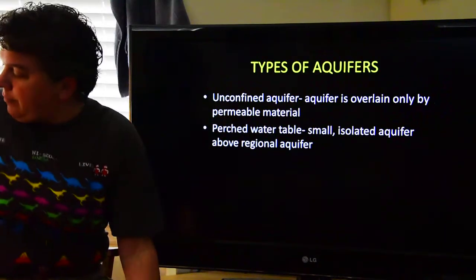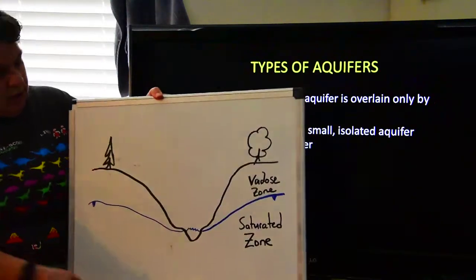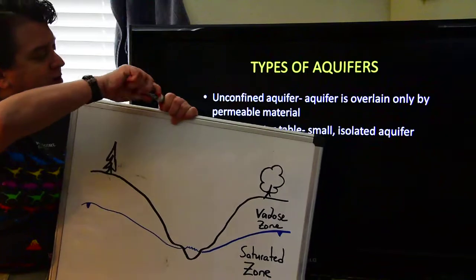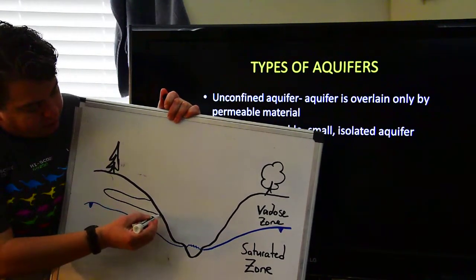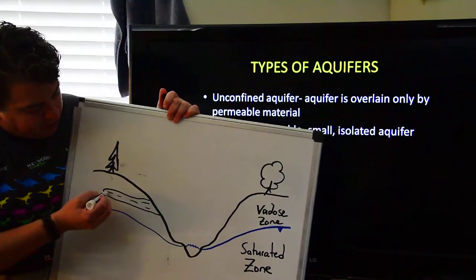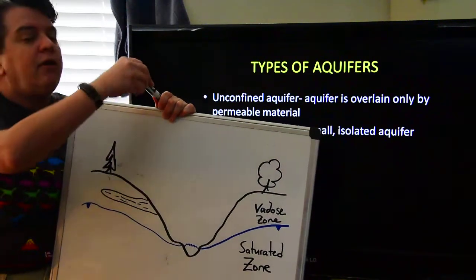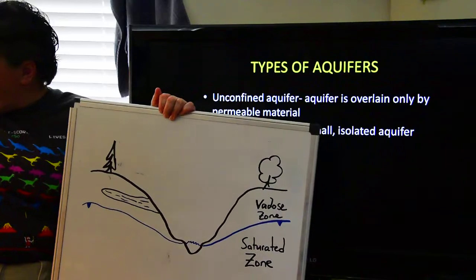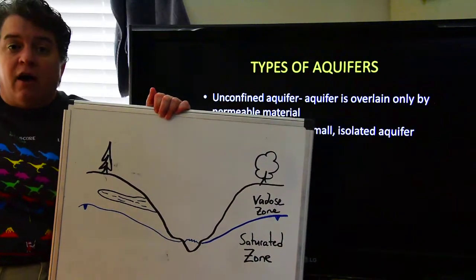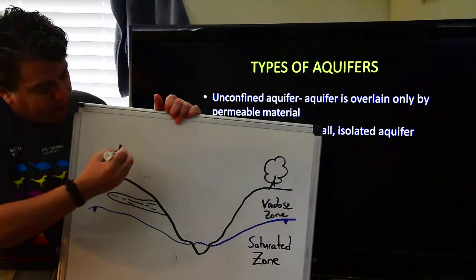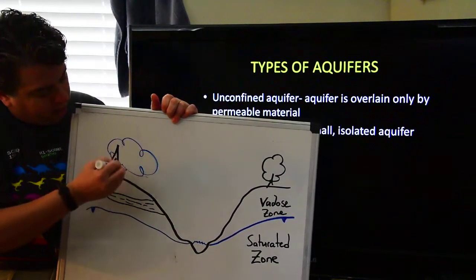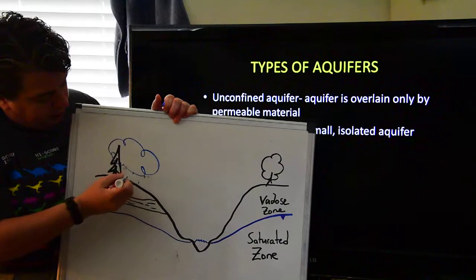We also have something called a perched water table. So imagine if we had a layer of rock or sediment here, maybe it's shale. Shale tends to be very impermeable. It does not allow water to flow through it. And then we have a storm. It's a very low cloud, right?